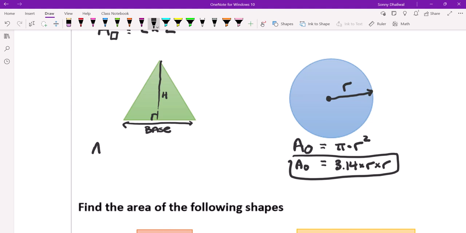So the area of a triangle was a half times your base times your height. Okay. Now, sometimes a triangle doesn't look like this shape. Right? Sometimes we have a right angle triangle like this. Wouldn't it be the same? It'll be the same thing. This is your base.